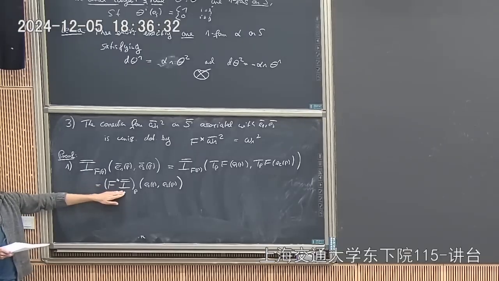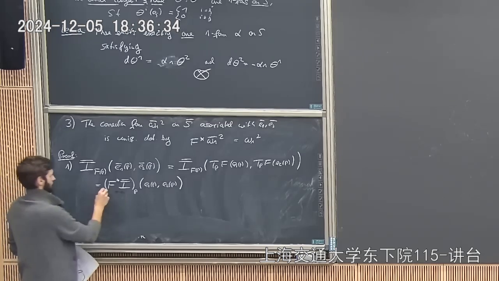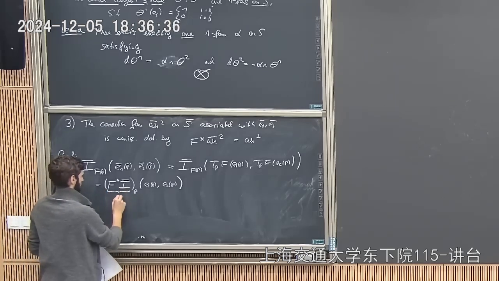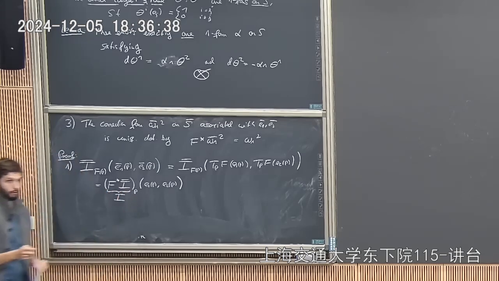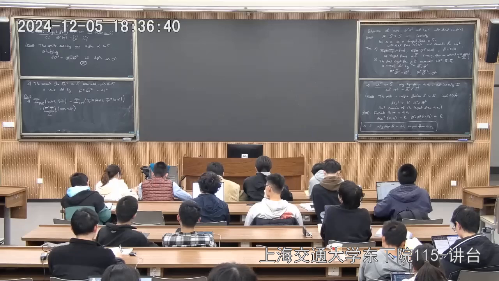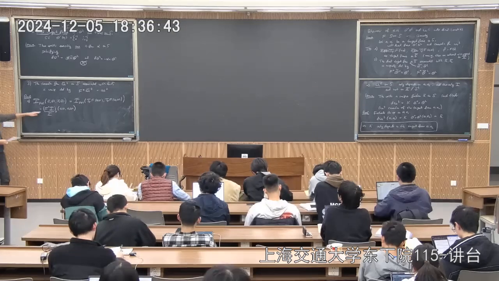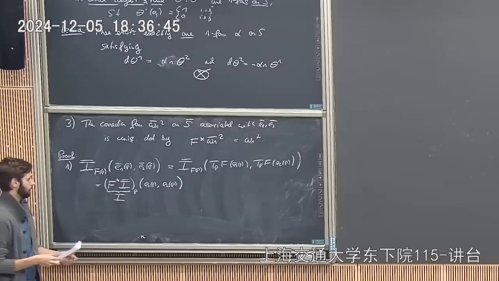By definition it's an isometry. So we can write this just as the normal first fundamental form on S, because that's the definition of an isometry.